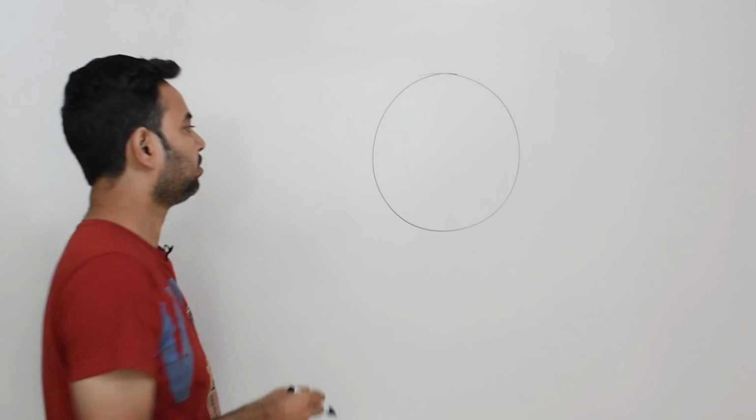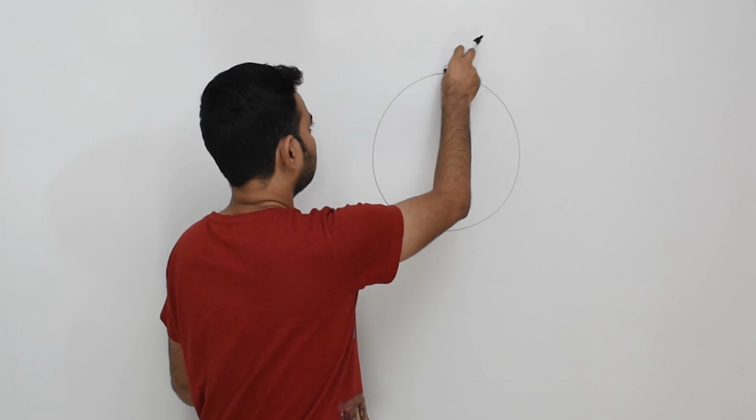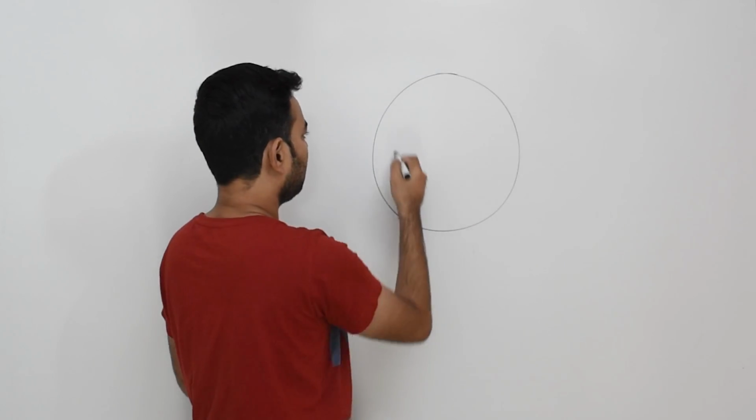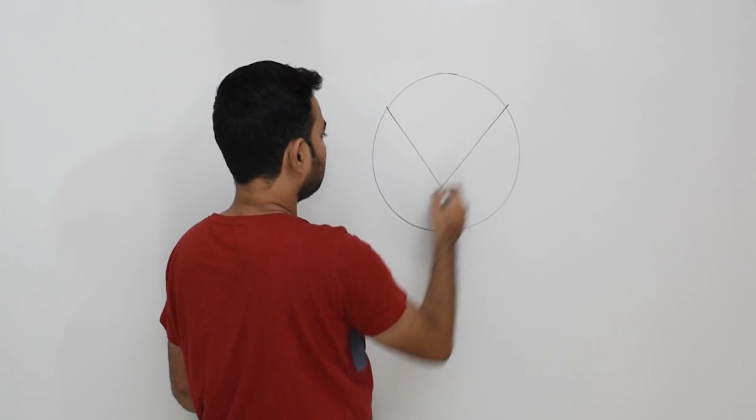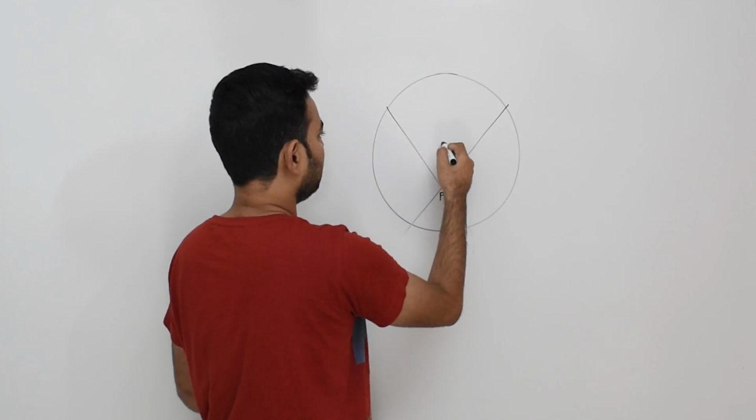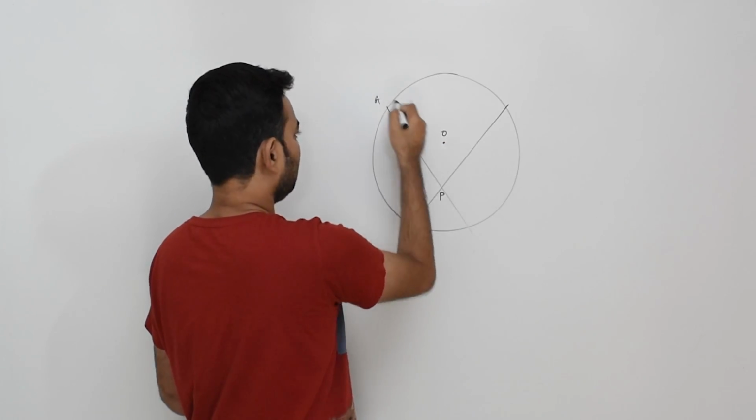Question on the circle chapter is: these are two equal chords intersecting each other at point P. O is the center of a circle.